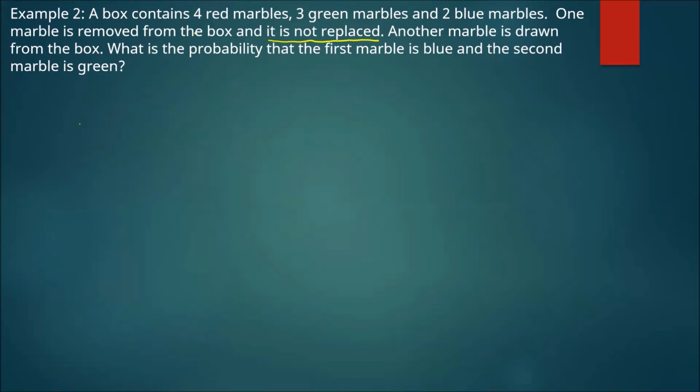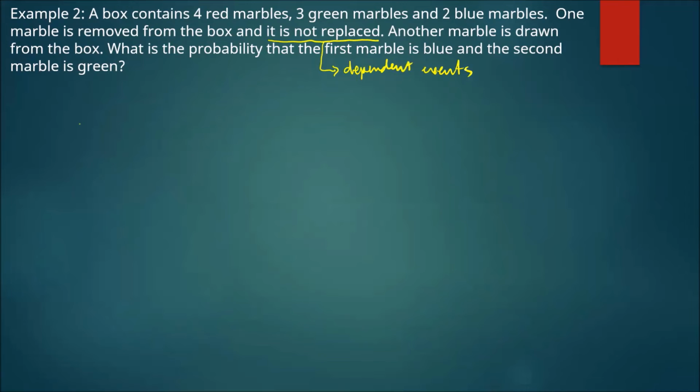Now, when we get an object from the box and it is not replaced, what events are we talking about? Are they dependent or independent events? As we have discussed earlier, they are dependent events.